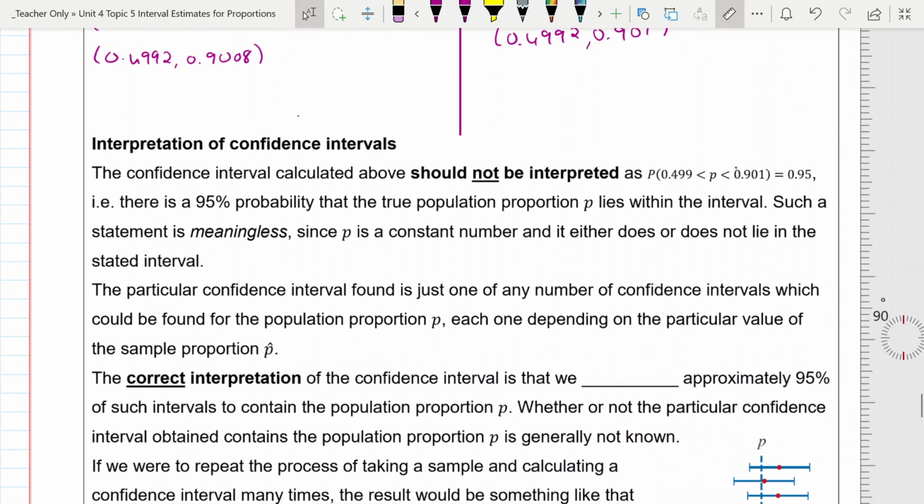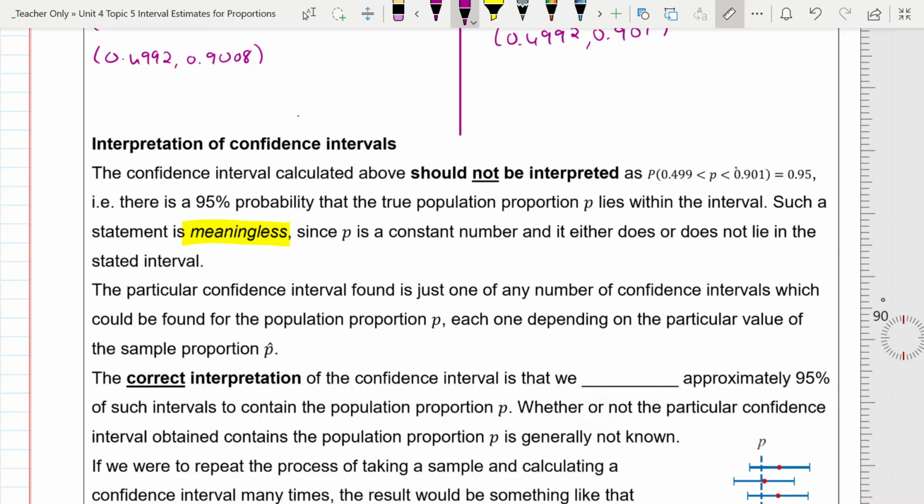Now that should not be interpreted as there's a 95% probability that the true population proportion P lies within that interval. Okay, because that actually doesn't mean anything. In fact, it's meaningless because our P, our population proportion, is a constant number, okay? And it either does lie in the interval or it doesn't lie in the interval.